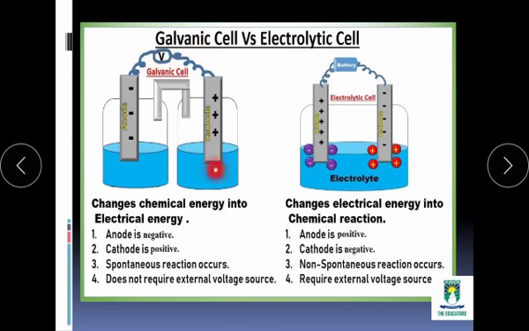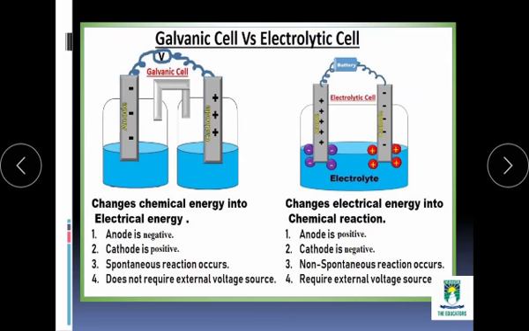In the case of an electrolytic cell, the battery is connected, so we have to provide current to this circuit so that the chemical reaction can happen.